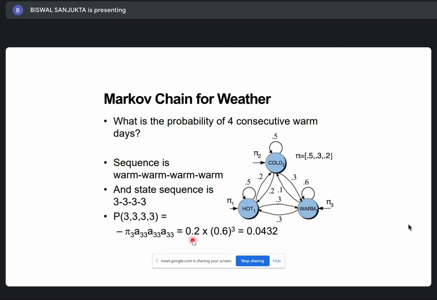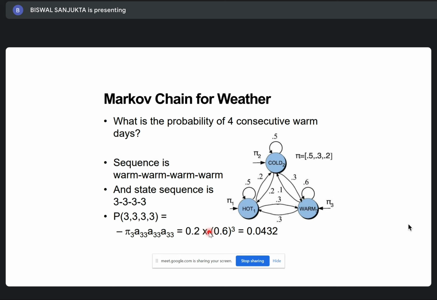So we got 0.2 as our initial probability of getting the first warm day. For getting the second warm day, the probability would be the second day is warm given the first day is warm. If you see warm to warm, the first day is warm, the second day will also be warm, so it will be 0.6.